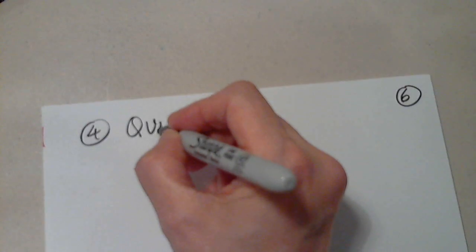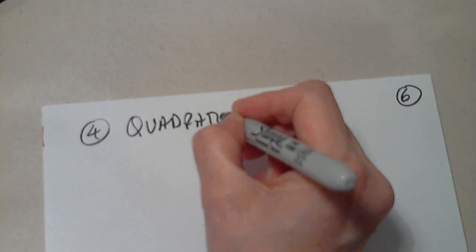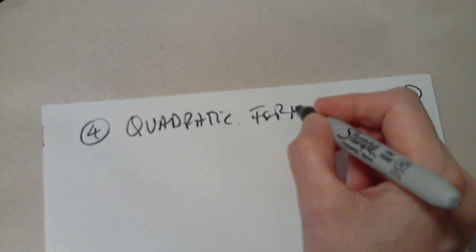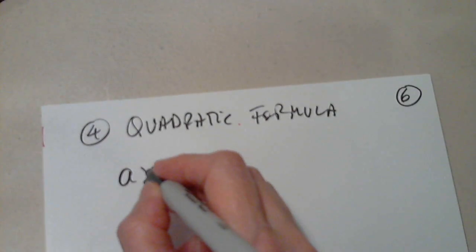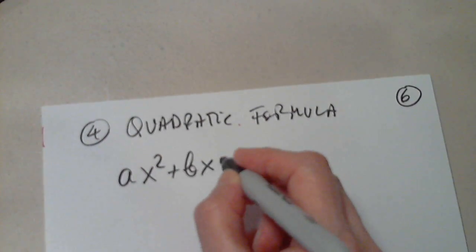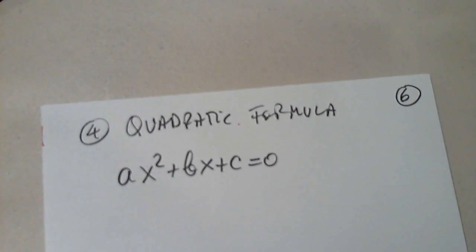This is number 4. So quadratic formula. And remember, the quadratic formula requires the equation to be presented in the standard form and correct in descending order, etc., etc., etc.